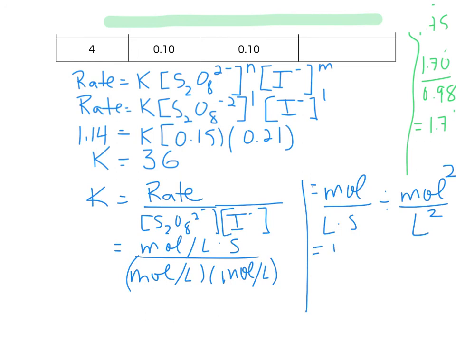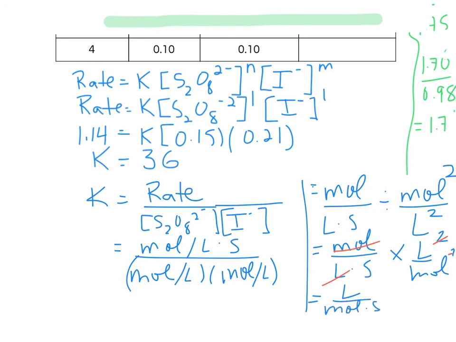And now I'm going to invert and multiply. So moles per liter per second times liters squared per mole squared. Now I'm going to see what I can cancel. I can cancel out one factor of moles, and I can cancel out one factor of liters. And so that will give me liters divided by moles seconds.